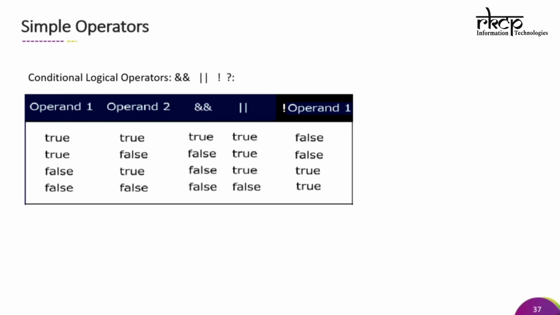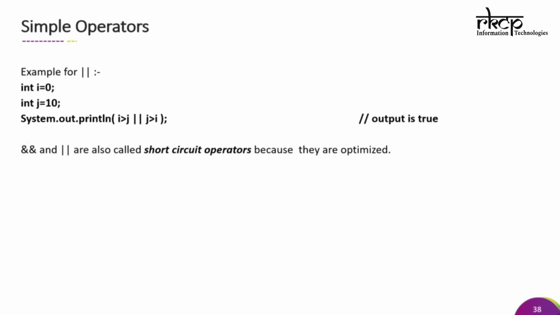In the same way, for the second one, if it is true and false, then AND will be false and OR will be true. If you take false and true, then in that scenario also AND will be false but OR will be true. If both are false, then all will be false. So hope you are able to understand this operator part.